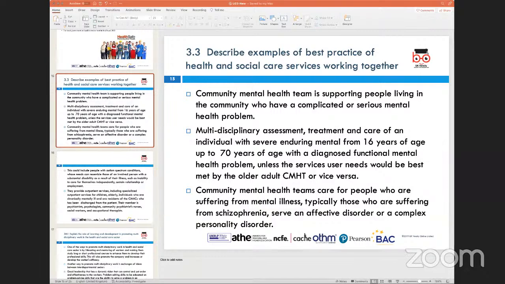Safeguarding boards have, let's say, representation from the police, the primary care trust, the local authorities or the council, and their aim and remit is primarily to ensure that there is no abuse, neglect, or harm being done to members of public, specifically vulnerable adults or children. Now, when we talk about examples of how both sides come together, when I say both sides, I mean health and social care services coming together.